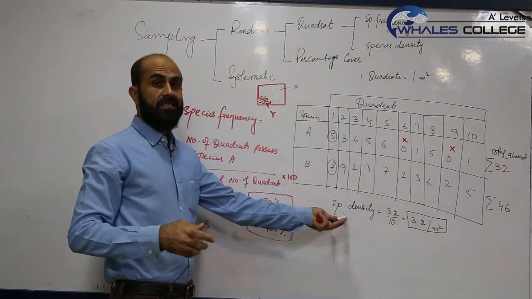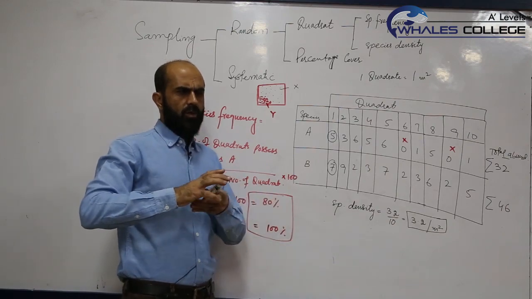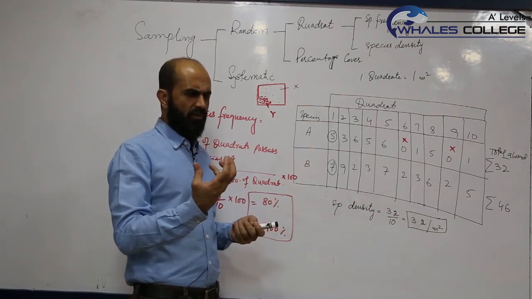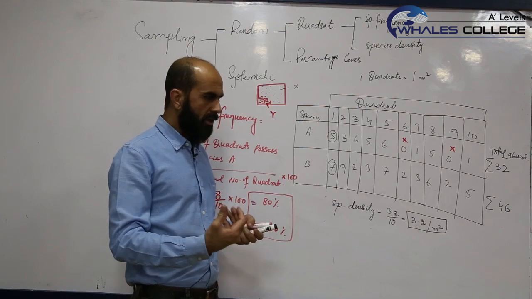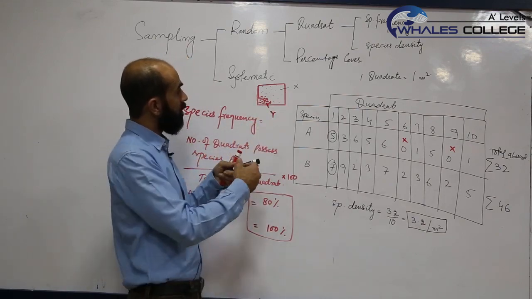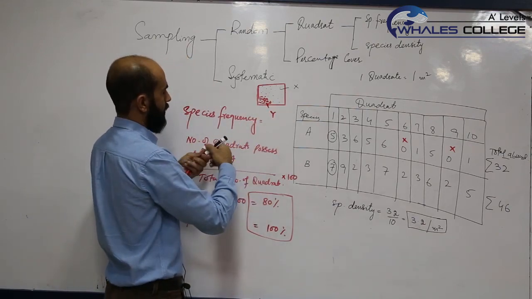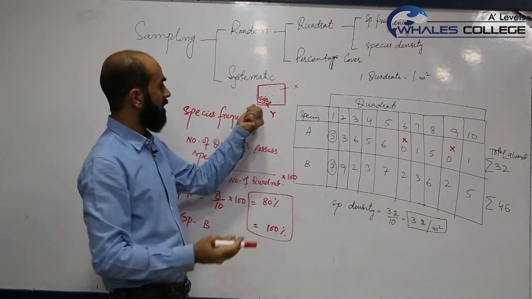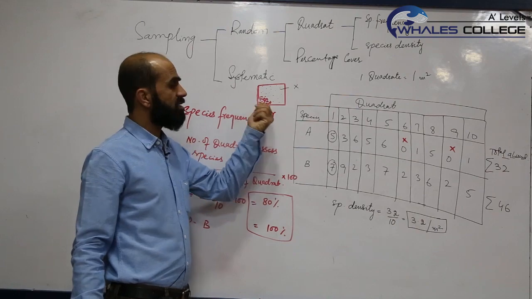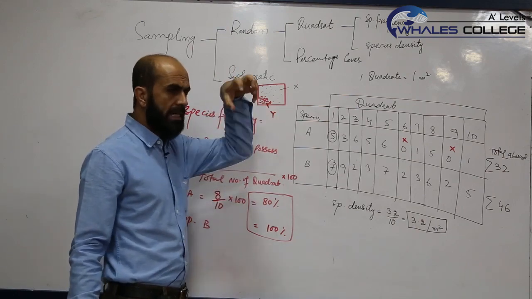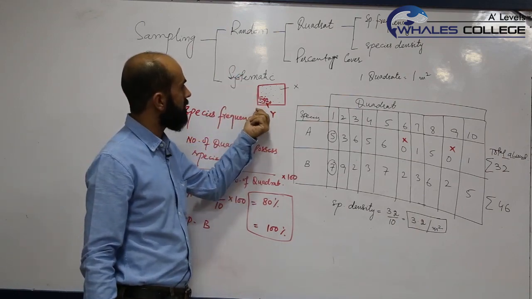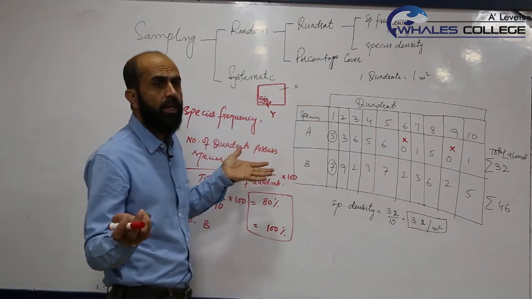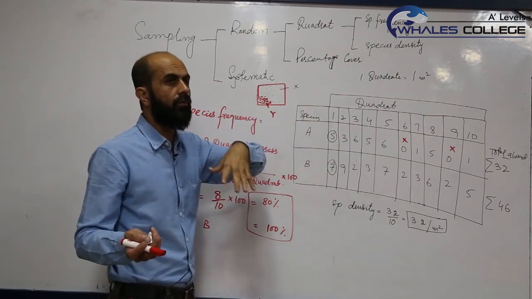So density refers to the abundance of organisms in a particular area. Like if you look once again at this field, this red one, the Y one, has more species density because per unit area it is quite richly located, and they are so far away from one another, but they cover a lot of area.